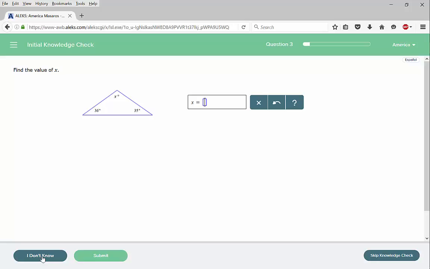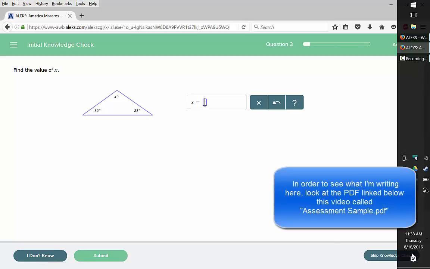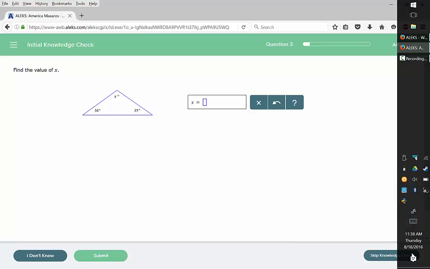I know that the interior angles of a triangle add up to 180 degrees. So I'm going to turn to my pencil and paper. And if you're referring to the PDF that I uploaded with this video, you'll see that first I'm kind of copying the sketch of this triangle. No need to be exact, but I'm copying the numbers. This is so that if I refer back to it later, I'll be able to see what I did.